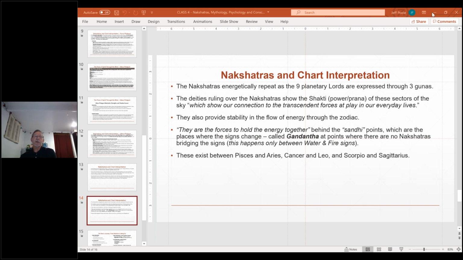Because you've got sun and moon together there with those two nakshatras in the 12th. You have Rohini moon and Kritika sun. Rohini is moon energy, and Kritika is sun.